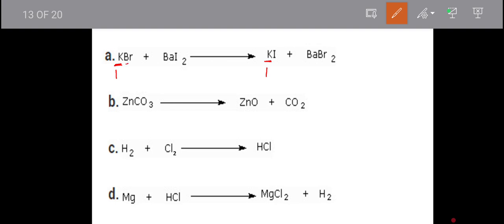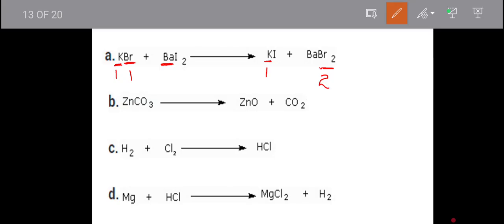Now bromine: on the reactant side we have one bromine. But on the product side, what you can see is Br2. Br2 means we have two bromine atoms, right? So two bromine. Now Ba means barium.